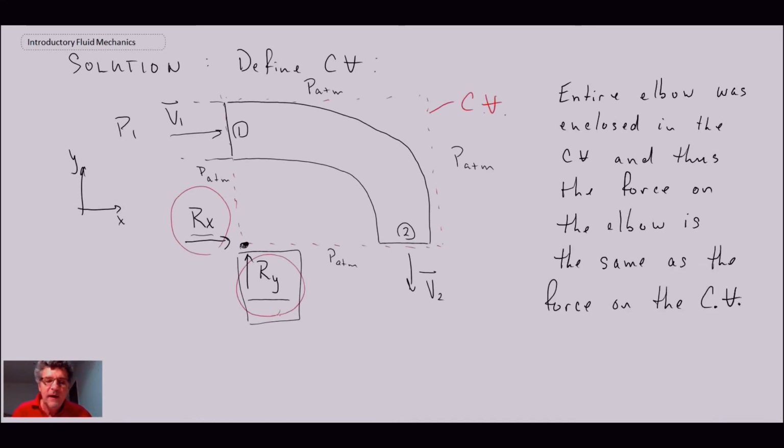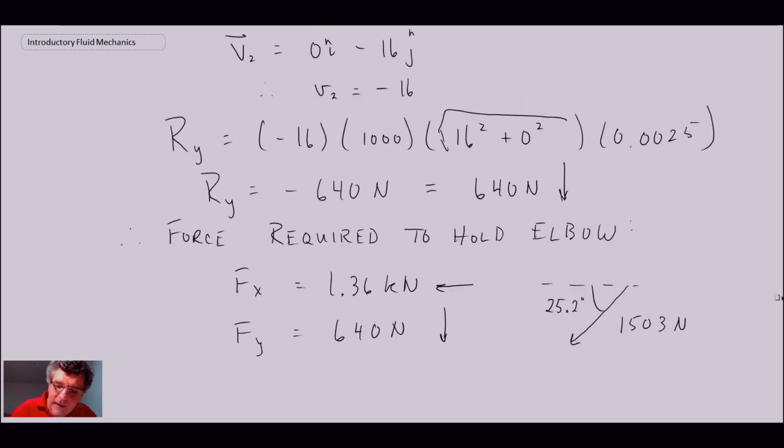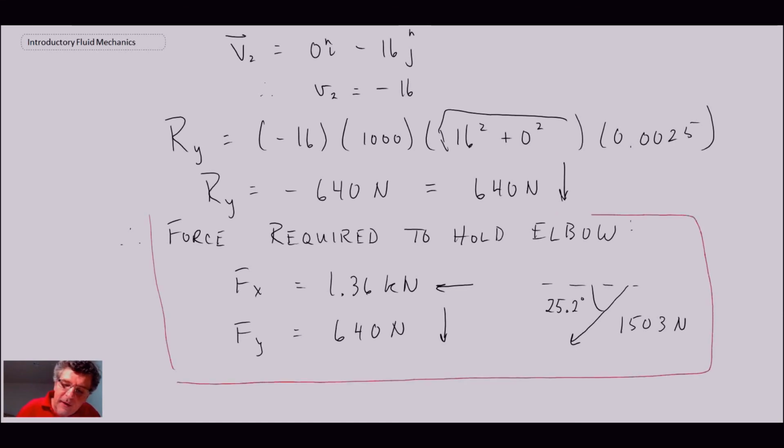Although we were calculating force on the control volume, that really is the same force that would be required to hold the elbow stationary, because the entire elbow is enclosed by the control volume. So that is an application of control volume analysis using the conservation of linear momentum. And what we were able to do is solve a problem. We started with continuity and then we went to linear momentum, but that gives you an idea as to how you can apply this.